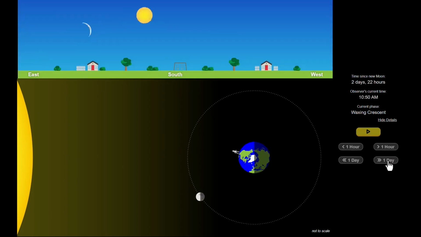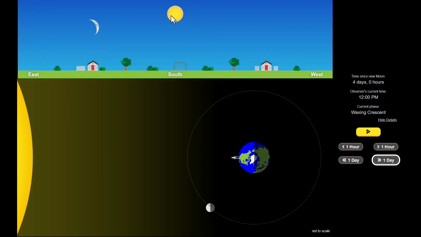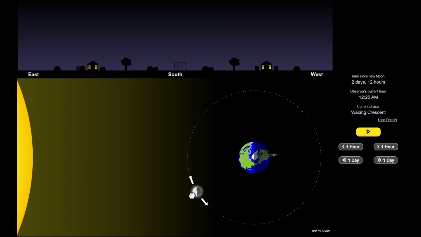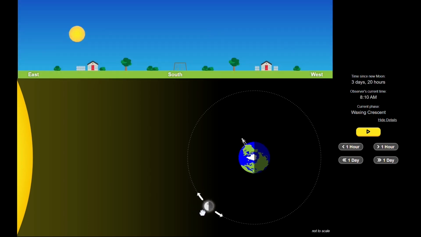As this progresses, we will observe that the angular separation between the sun and the moon keeps changing and keeps increasing. As you know, we started from a new moon day, and slowly, as the moon revolves around the earth, the angular separation between the sun and the moon keeps increasing.